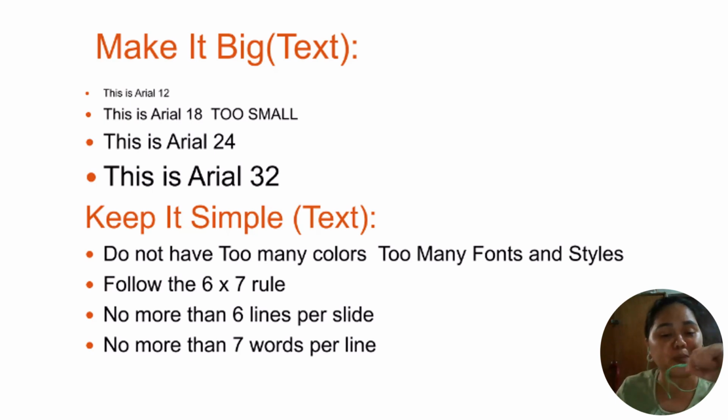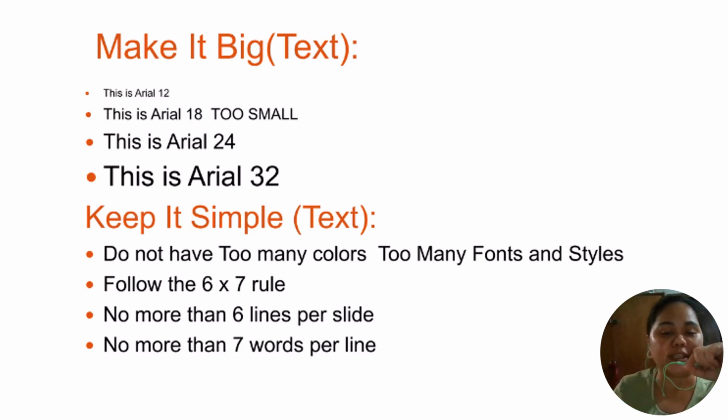So keep it simple. Do not have too many colors, too many fonts and styles. You have to avoid those things. As much as possible, avoid multicolors like a rainbow. Basin rainbow na ang imong presentation, no? Avoid that because the important thing is that the purpose of that presentation will be delivered.